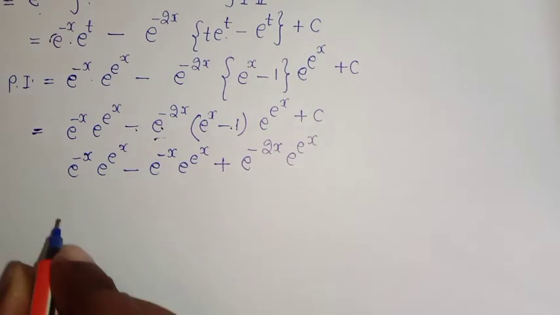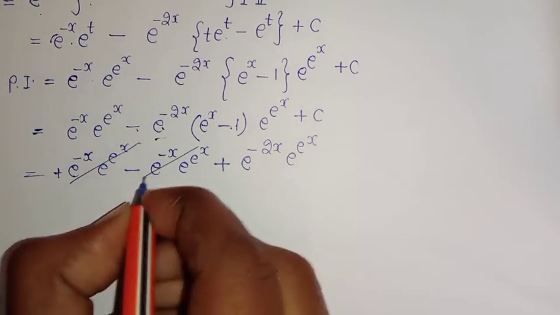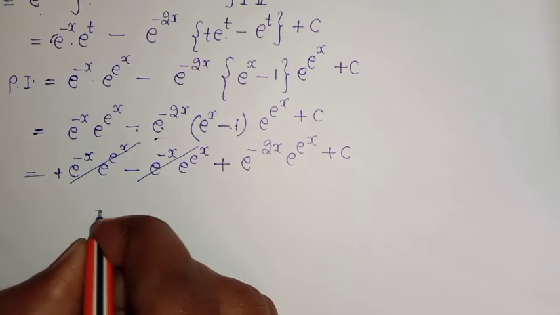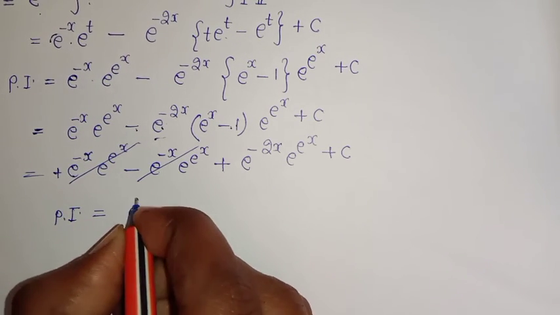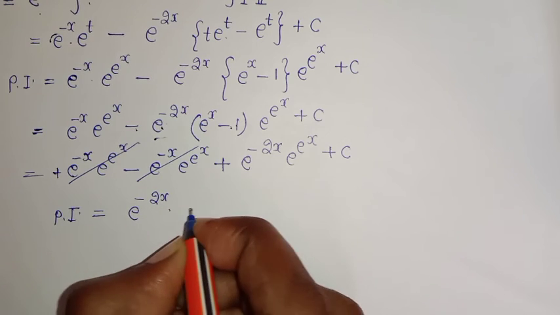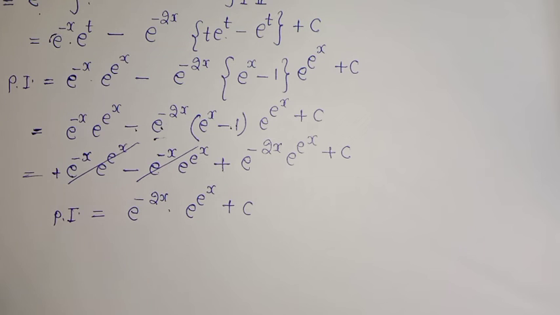Here you can see this is plus and this is minus, so this gets cancelled, plus c. So our pi is e raised to power minus 2x into e raised to power x plus c. So in this way we can find our pi.